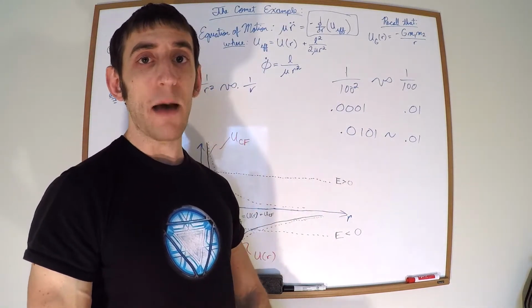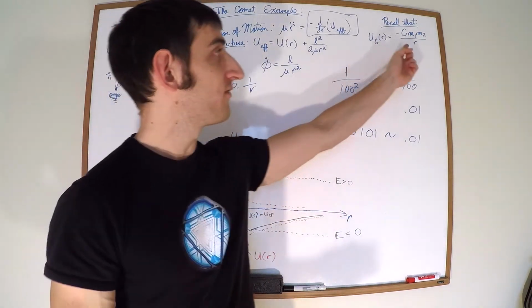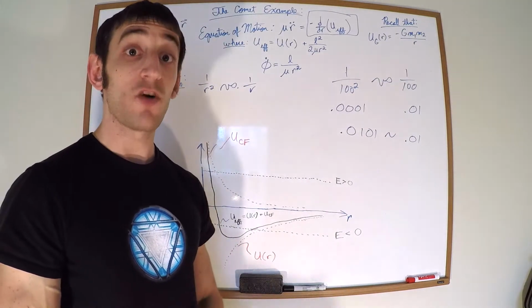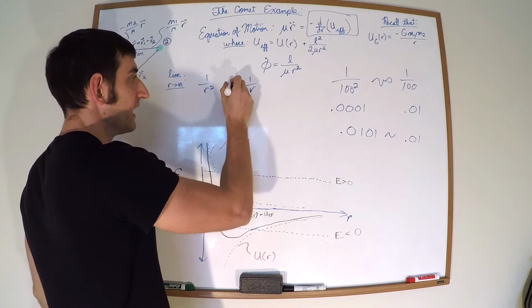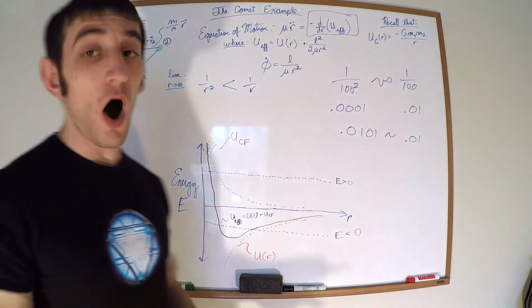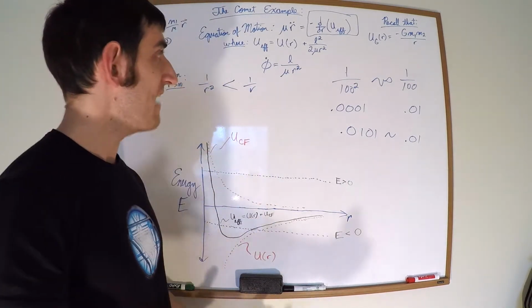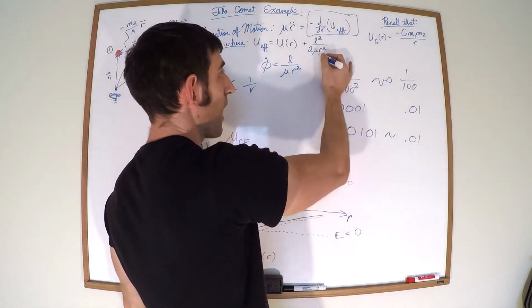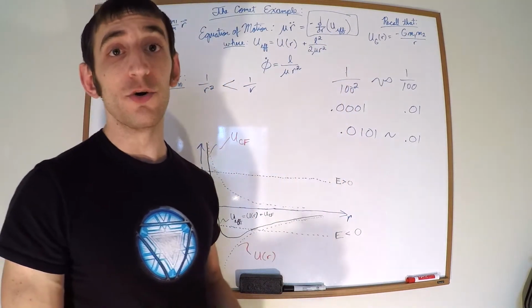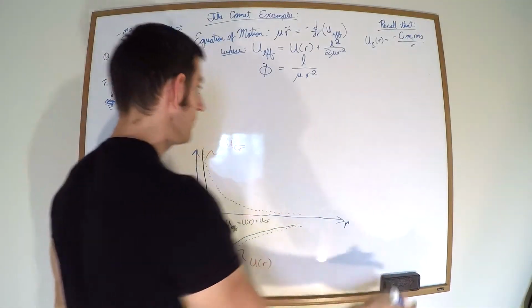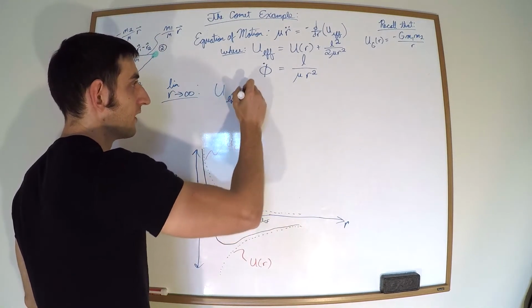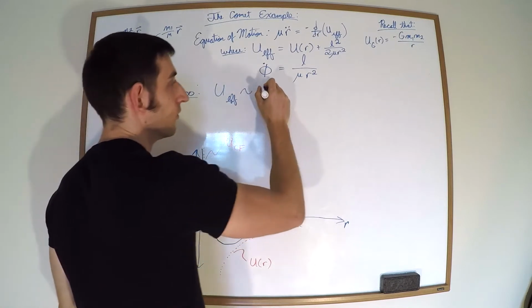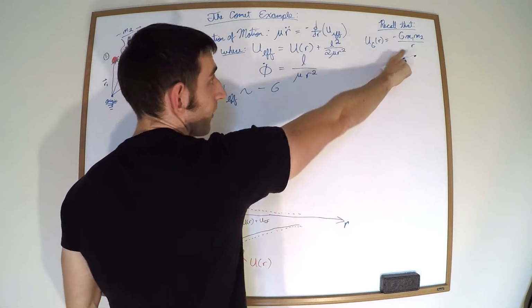So what does that mean? That means this term relative to that term is going to be much smaller. We can say 1 over r squared is going to be less than 1 over r. And in essence, this term here is going to drop out, and that's going to affect U effective. What we can assert is that U effective is approximately equal to this term, right?